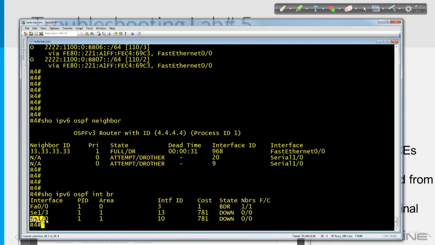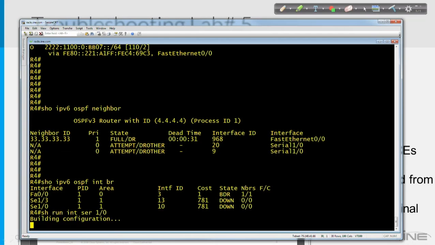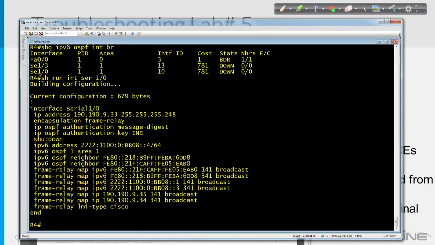Okay, so let's just start with the non-broadcast cloud. Show run interface serial 1/0. Okay, the interface is shut down. Is there anything in our restrictions that would prevent us from bringing that up?